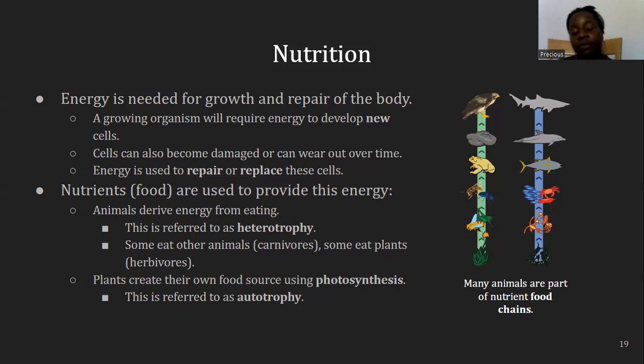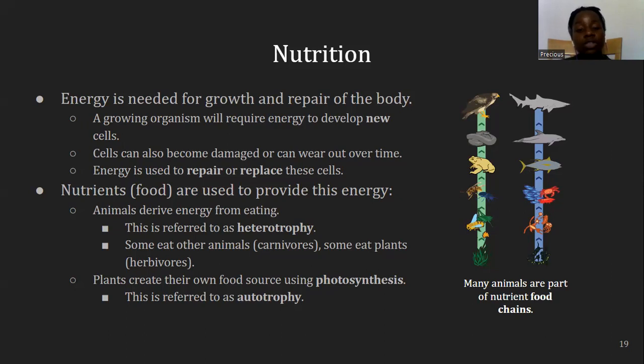This is a little different from plants that have the ability to produce their own food, right? Most plants, not all, but most plants are able to produce their food without needing to feed on another living thing. There are a couple of carnivorous plants, right, that literally feed on other living things to survive. However, most of the plants are able to make food on their own with the help of energy from the sun.